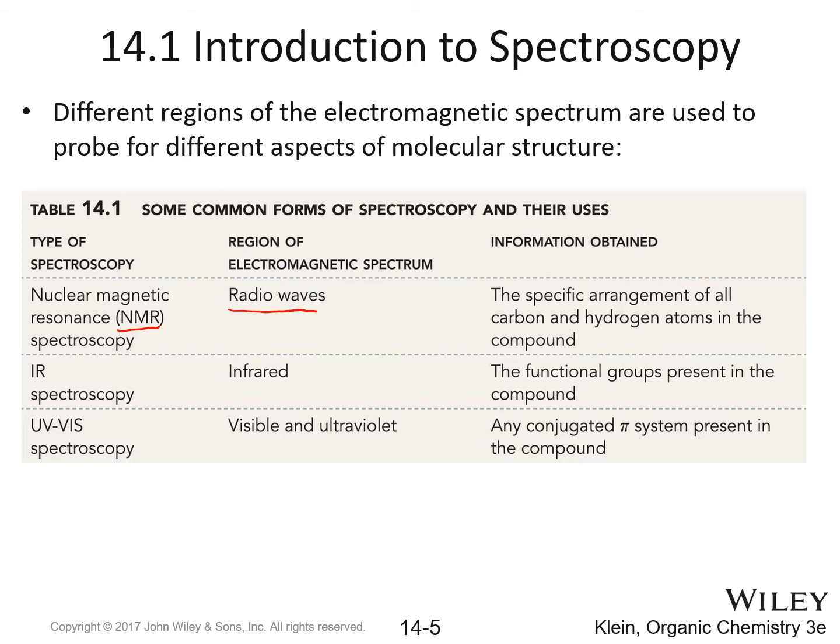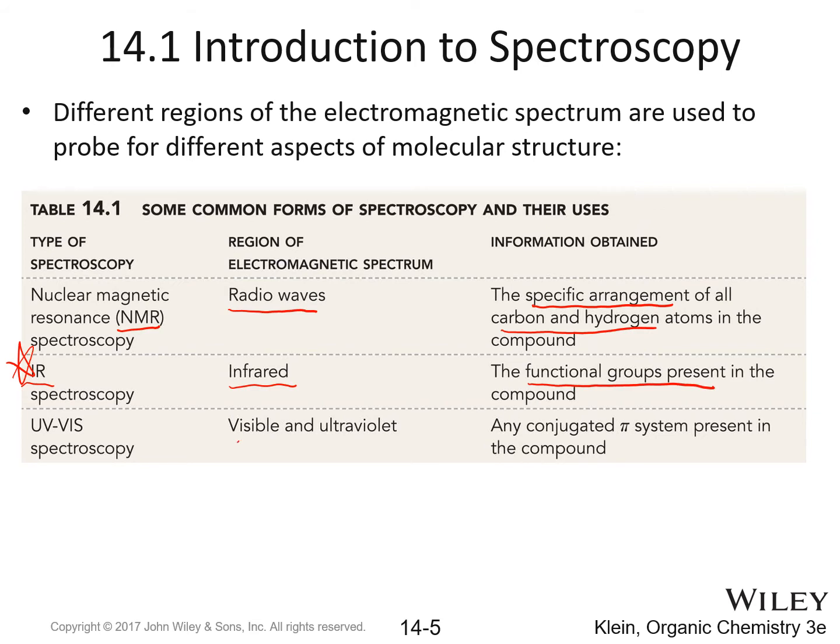In the healthcare industry, we just don't call it nuclear magnetic resonance in a hospital setting. But this gives us the specific arrangements of carbon and hydrogen atoms in a compound. Infrared radiation is used in IR spectroscopy, which is going to be our focus of this chapter. And this gives us information on the functional groups present in a compound.